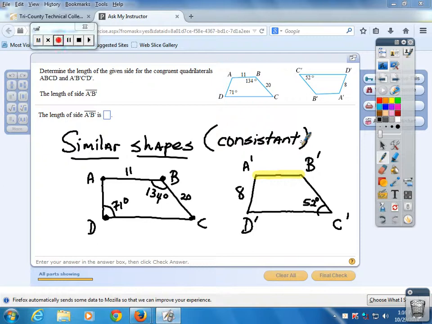Mine would be, got one problem. 11 is to 20. 11 is to 20. Yeah. 11 is to 20. No, that wouldn't work. That 8 needs to be on this side. Let me turn it back around. Yeah, that's right.